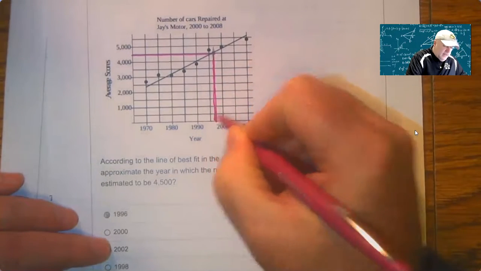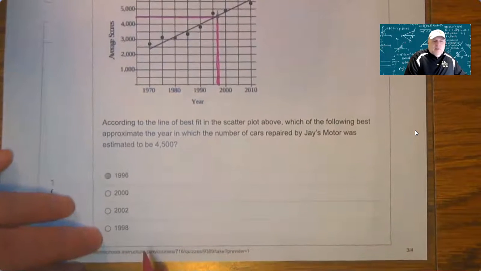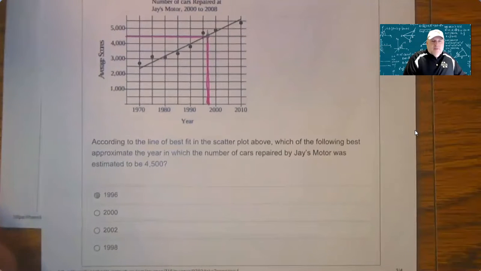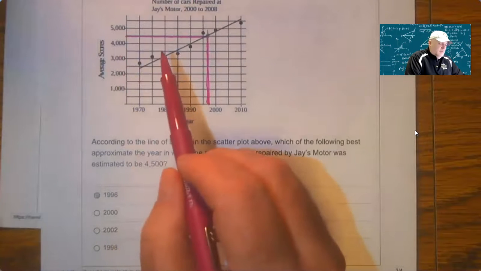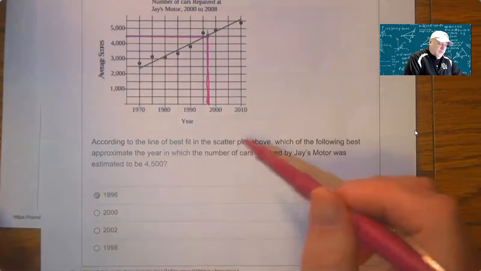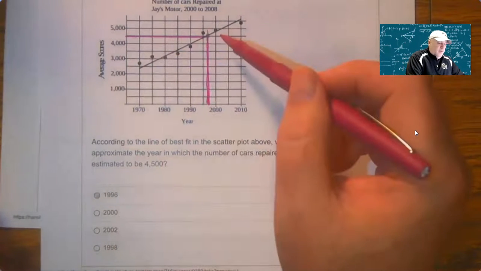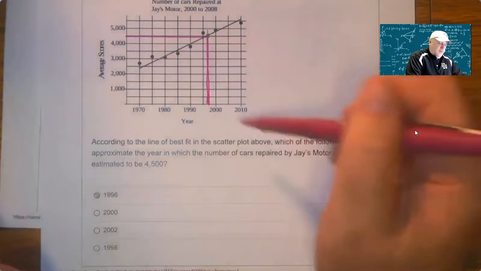It's probably not 1998, but they could have made the answer choices a little bit less close, I guess. So 1996 would be your best estimate there. The average number of cars repaired is 4,500.